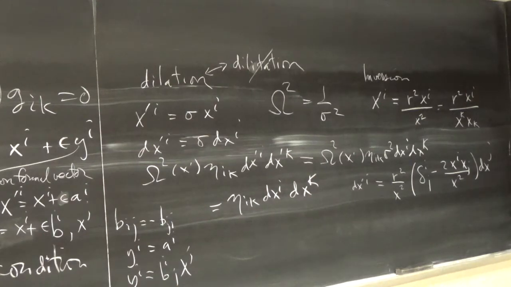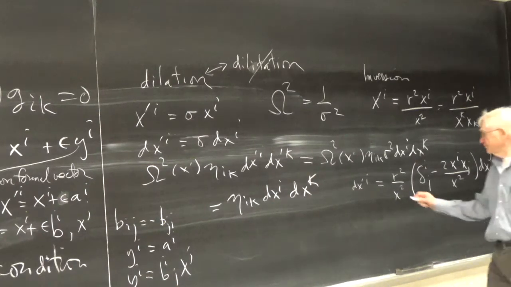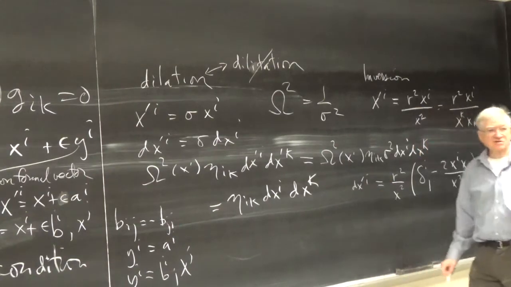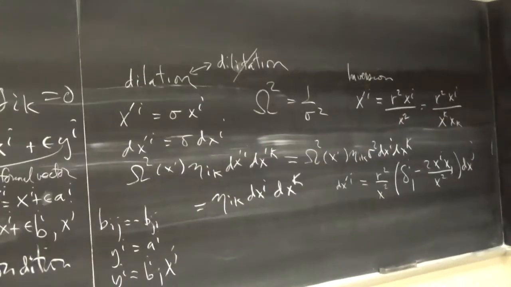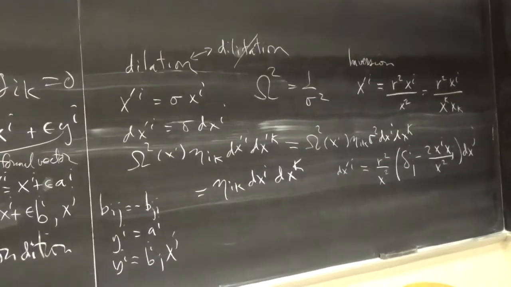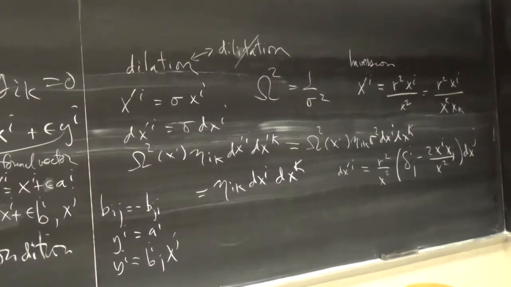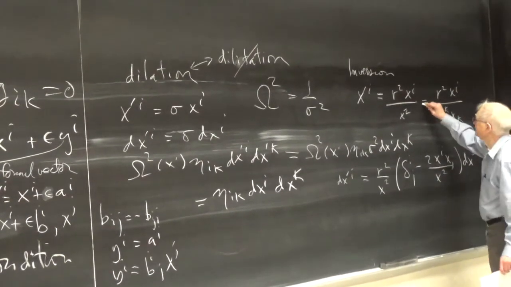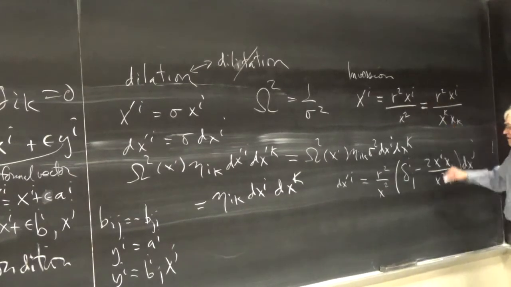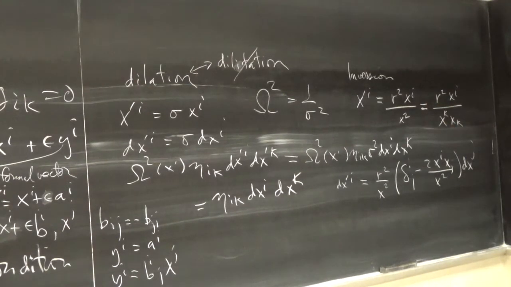So I worked that out with my fingers, but in the notes I just wrote the final condition down. So if x'^i is equal to that, then dx'^i is this.